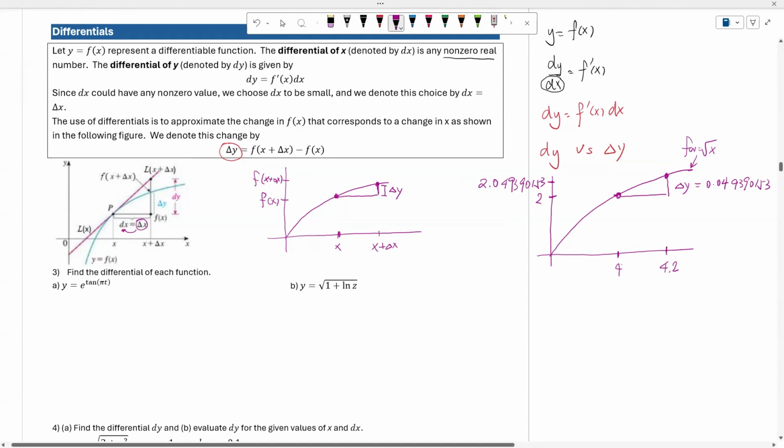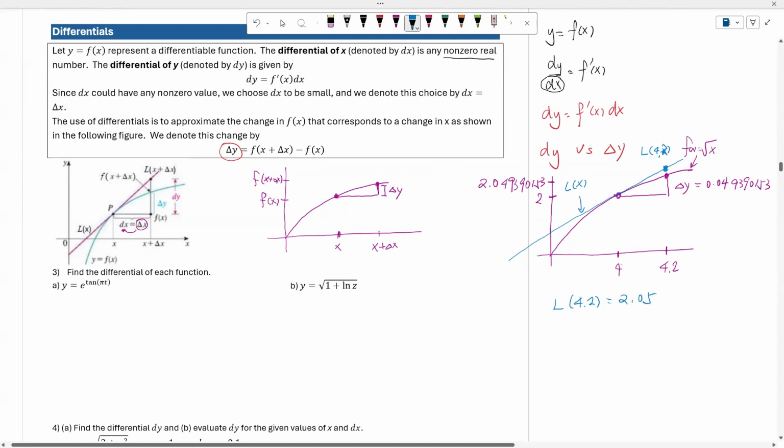On the other hand, what is dy? Dy will be the approximate change. Again, this is my L of x, and this point here will be L of 4.2. We know that L of 4.2 is equal to 2.05.